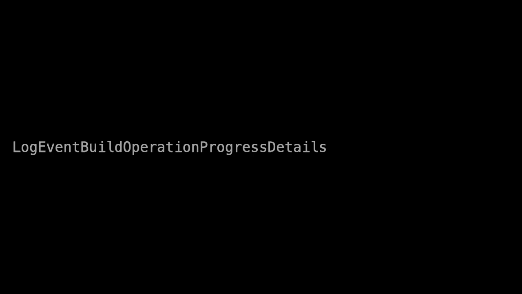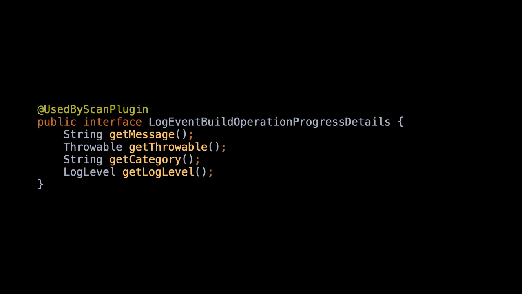But I found log event build operation progress details. And this event has the message, has a throwable, the category, the log level.